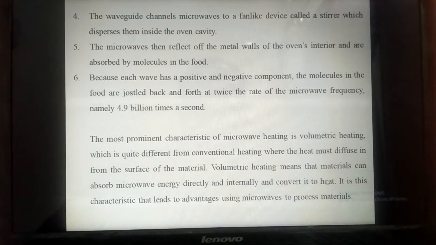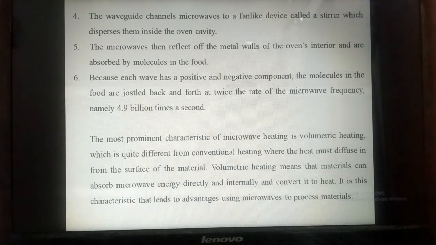The waveguide channels microwaves to a fan-like device called a stirrer, which disperses them inside the oven cavity. The microwaves then reflect off the metal walls of the oven's interior and are absorbed by molecules in the food. Because each wave has a positive and negative component, the molecules in the food are jostled.